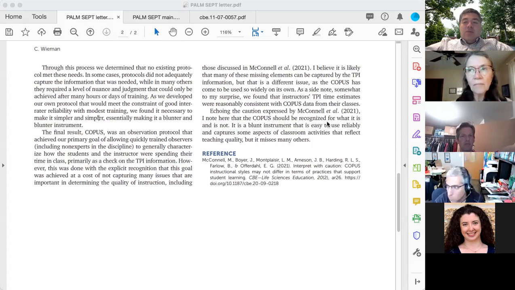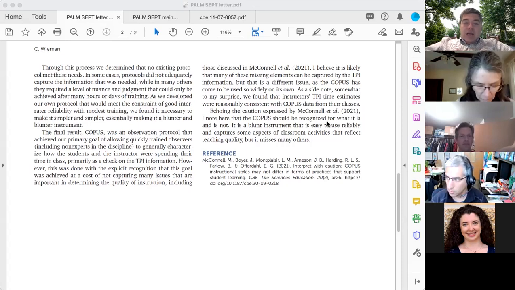In fact, in the manuscript that we're working on, when push came to shove in trying to analyze PALM's efficacy, looking at COPUS data was limiting. And we have gone a direction now in recent weeks or months where we're relying more on interviews and coding interviews, because frankly, that is a much richer source of information than what the COPUS itself can provide.